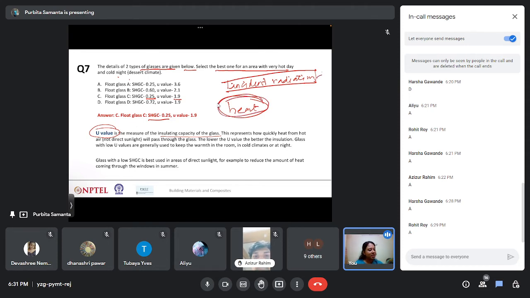For SHGC, we talked about the radiation, how much of it is getting transmitted, right? But for U value, we have to focus on the term heat. So if you have lower U value, that means better insulation. Also, glass with low U values helps keep the warmth in the room, particularly in cold climates or at night.